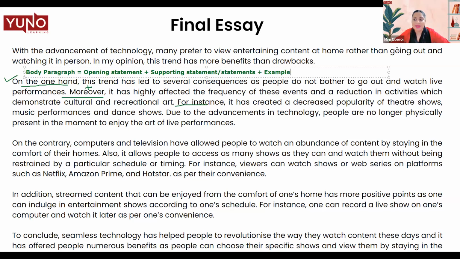So this is a basic formula to write a good body paragraph. So body paragraph means BP1, simple and easy to remember. Body para 2, body para 3, isn't it? And this formula is what you can see in all my paragraphs, isn't it? The same formula has been applied. Now, this is important.